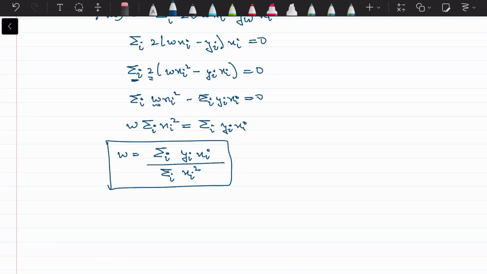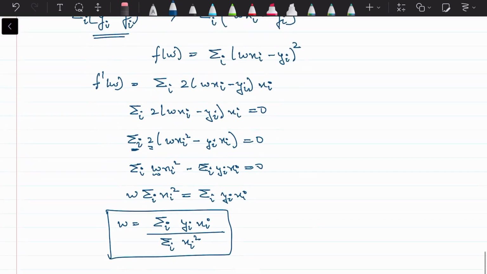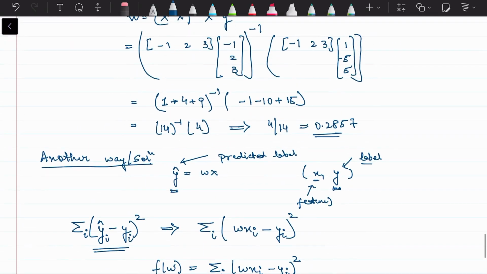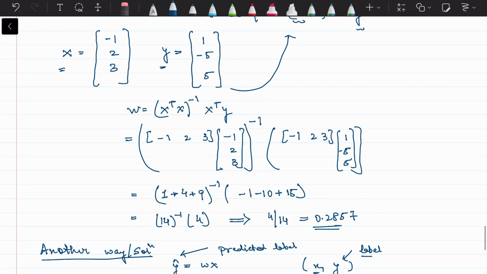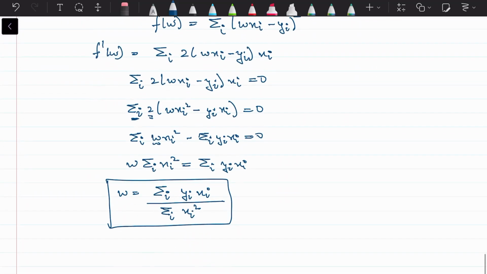And if you see the examples which are given to us here on the top, in the question, x is minus 1, 2, 3, and I think the values of y are minus 1, 5 and 5. So these are the three data points which are given to us. So first, on the numerator we have to multiply x and y and sum over it.